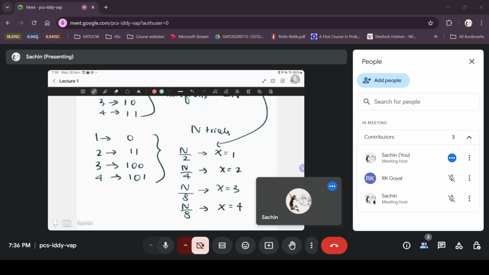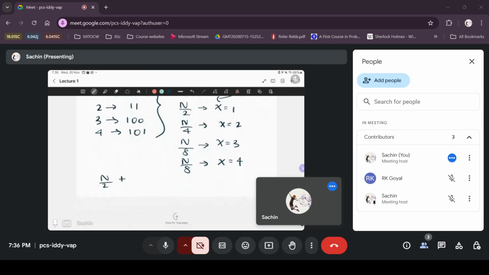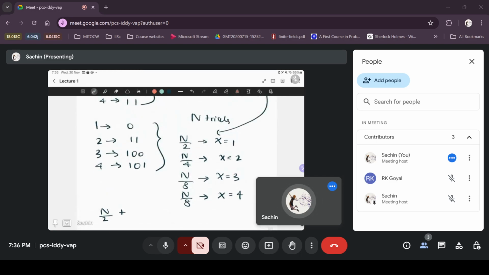So since half the time you get x is equal to 1, and each time you are representing 1 using only 1 bit, right? So in n trials, you'll use n by 2 bits to represent all the ones.